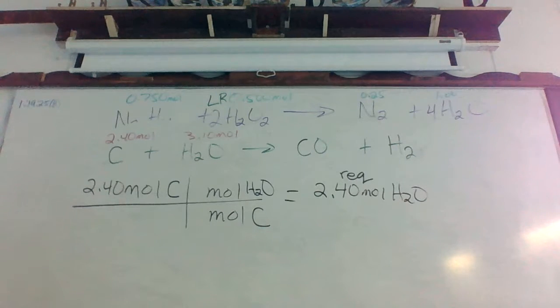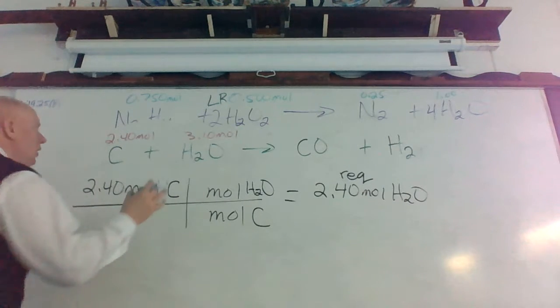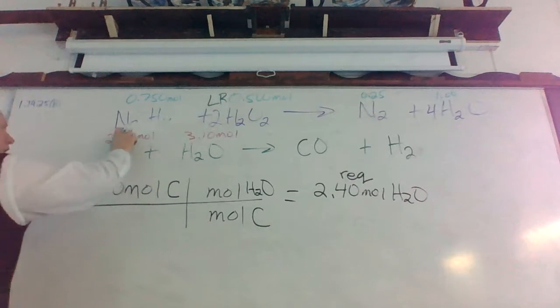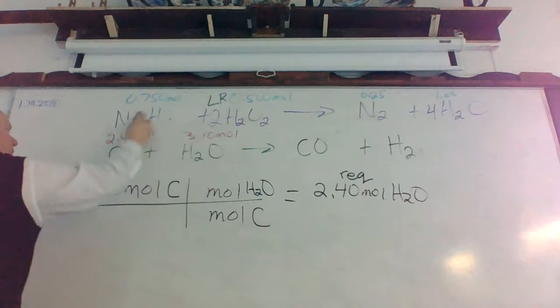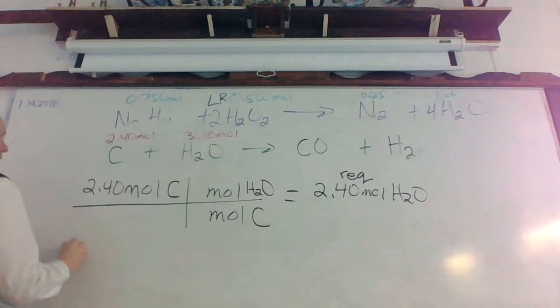We haven't got that far yet. It is, but we haven't answered the question yet. Okay? So now we fired a shot at water to see how much is required. Water is going to fire back at carbon to see how much is required.